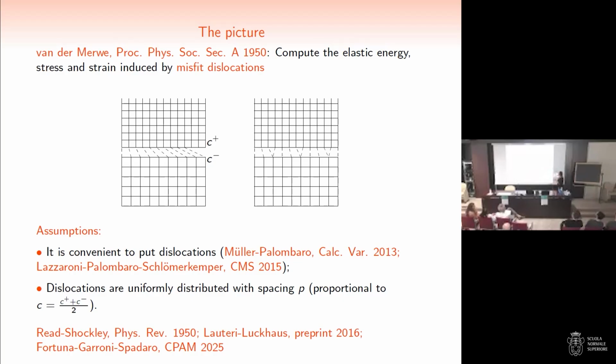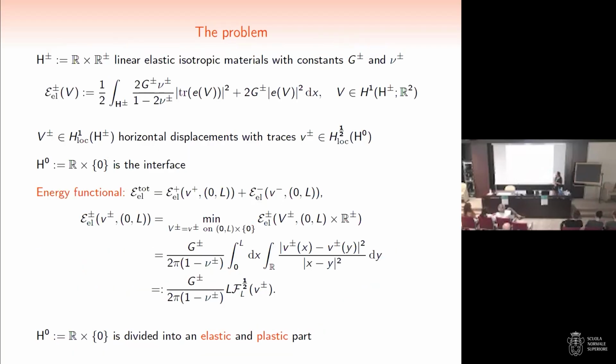Okay. So the first slide is about elasticity. As in the previous slide, in the picture I have two lattices, H plus and H minus, which are half spaces. And I assume that in these two lattices I have an isotropic elastic response.